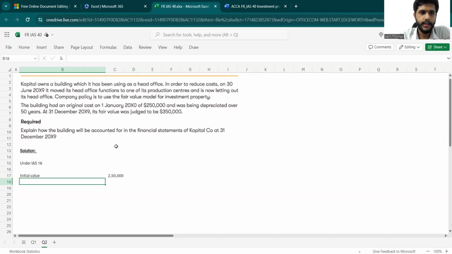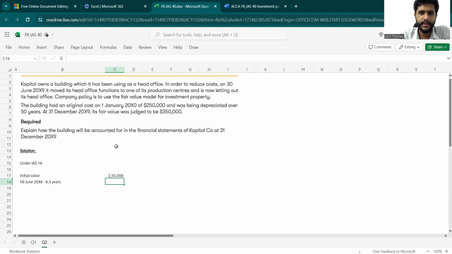Till June 20X9, we need to depreciate the asset. How much will be the period? That will be 9.5 years.